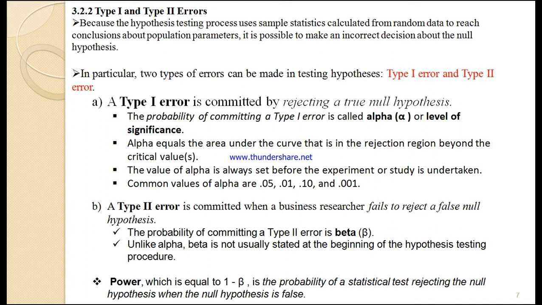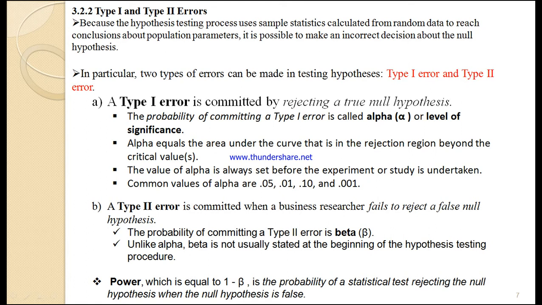On the other hand, type 2 error is committed when a researcher fails to reject a false null hypothesis. Therefore, the error of failing to reject a false null hypothesis is considered to be type 2 error. And the probability of committing this error is known as beta.